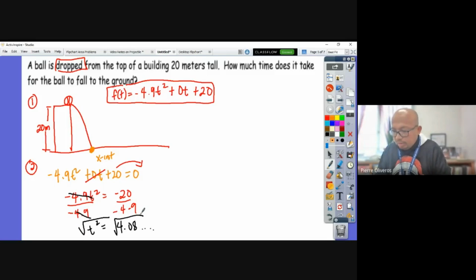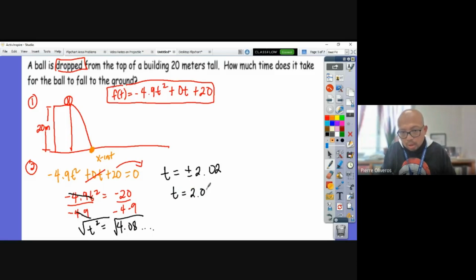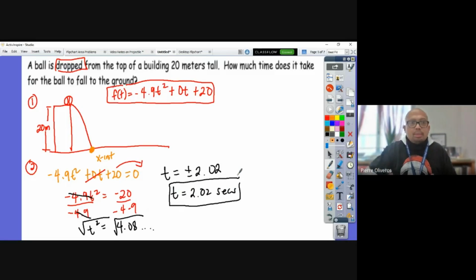So instead of clearing it, leave the screen on your calculator, just hit second x squared to take the square root of the previous answer. That will give you the answer. And that will give me the time is plus or minus 2.02, which we will accept the positive value, so the time here is only 2.02 seconds. So it means that the ball will hit the ground in 2.02 seconds after it was dropped.